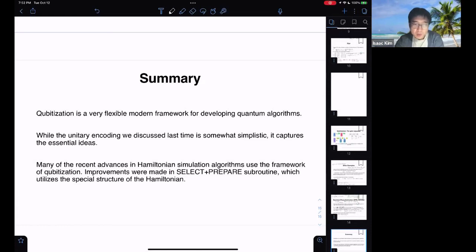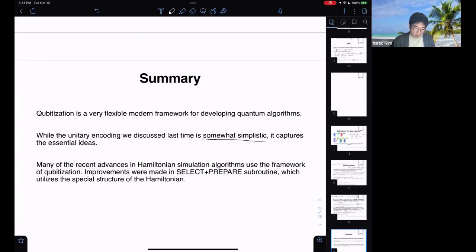The unitary encoding we discussed last time was somewhat simplistic, the simplest version of qubitization, which tells you the technical details on how everything works out. But with some minor modifications as we discussed today, you can restore all the nice properties. It actually makes it even better, because we can have a much more flexible form for qubitization.